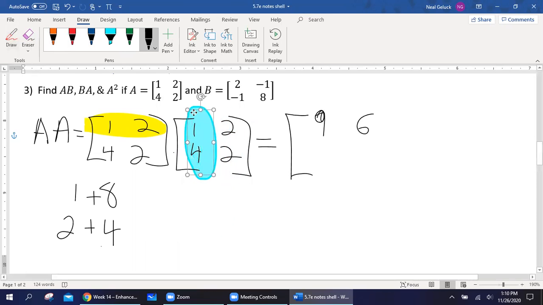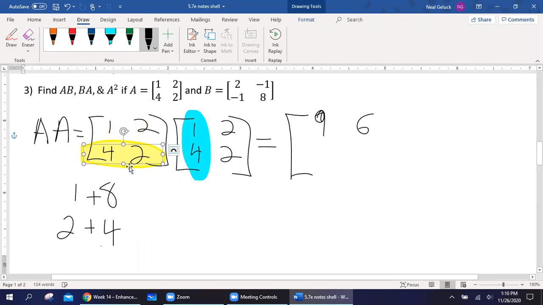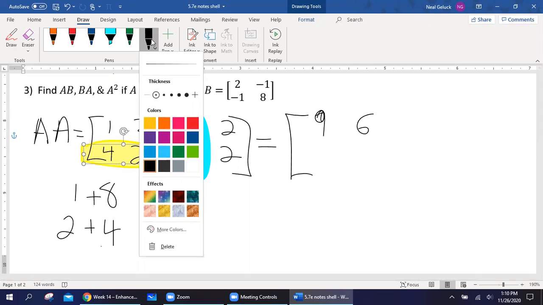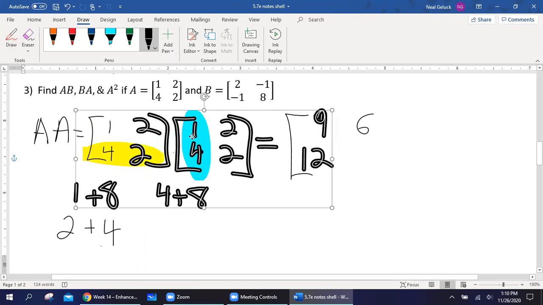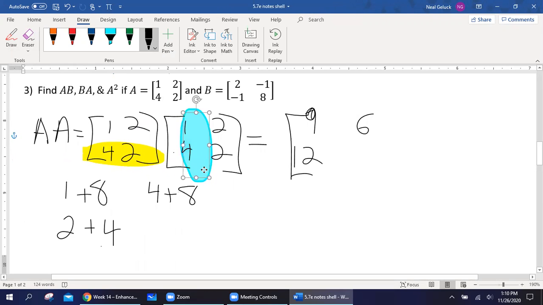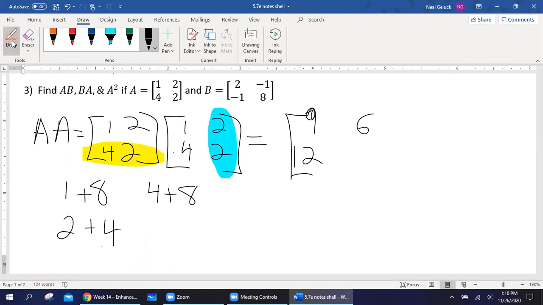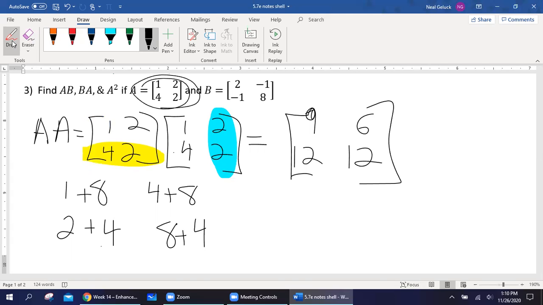All right, now I reset the columns, hop down to the second row. 4 times 1, 2 times 4, add those together. And lastly, row 2 times column 2. 4 times 2, 2 times 2, add those together, 12 as well. So there's A squared, which clearly was not just taking every number in there and squaring it.